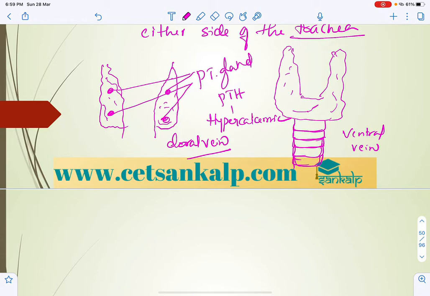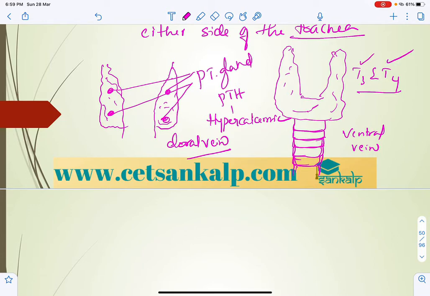In the ventral view, we can see the hyaline cartilages, which prevent the trachea from collapsing. So what is the major role of the thyroid gland? We discussed that it produces T3 and T4, that is triiodothyronine and tetraiodothyronine.